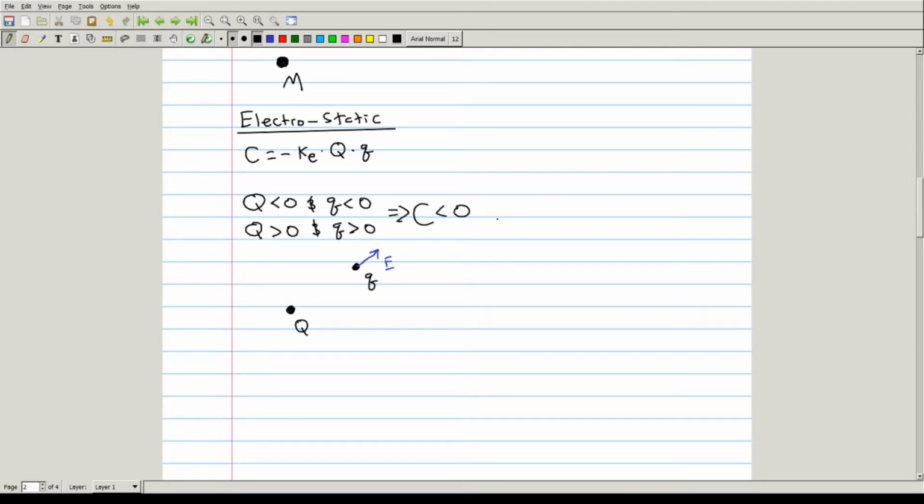However, in the opposite case, where the signs do not match, C is positive. If the sign of Q and Q are not equal, C becomes a positive constant. And we have the reverse scenario where charges are being attracted to one another.